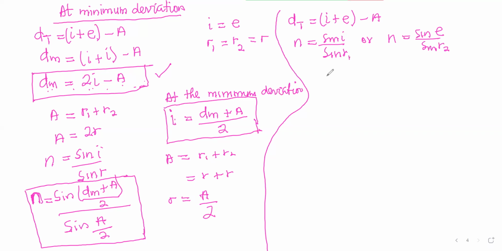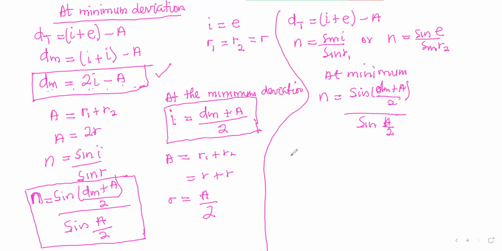So in this case, at minimum deviation, the refractive index will be equal to sine of (Dm plus A) over 2, over sine of A over 2.